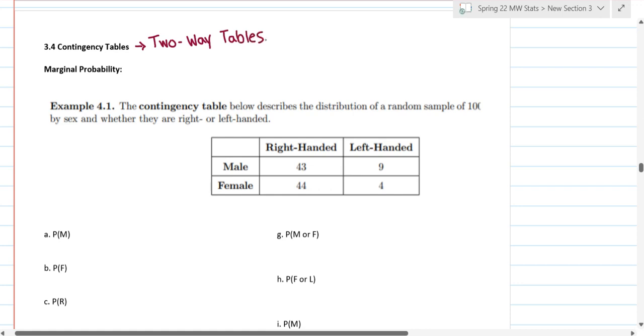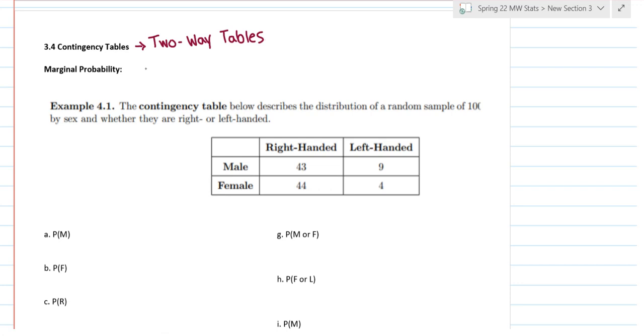All right, marginal probability is I have all these things happening at the same time. So if I take a glance down at the table, you have male, female, left-handed, right-handed. So we have two things that could happen on either side. You could be male or female, or you could be right-handed or left-handed. So two different things happening, so we have two-way tables to sort these out.